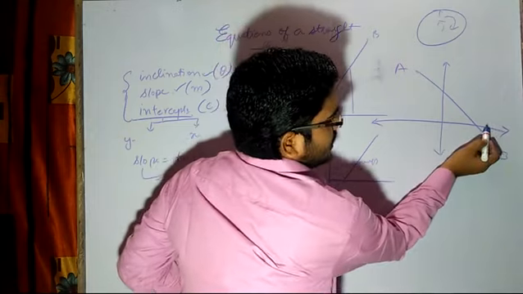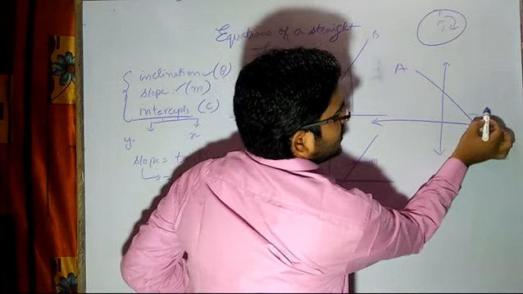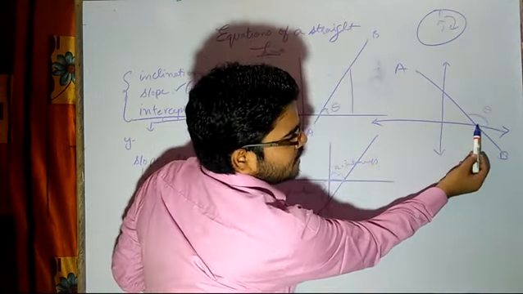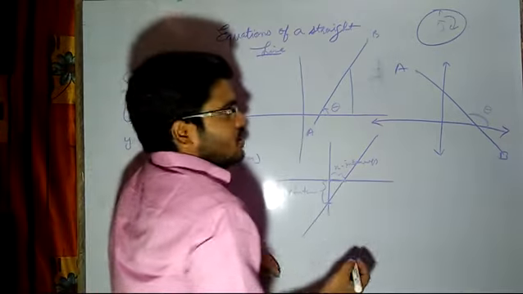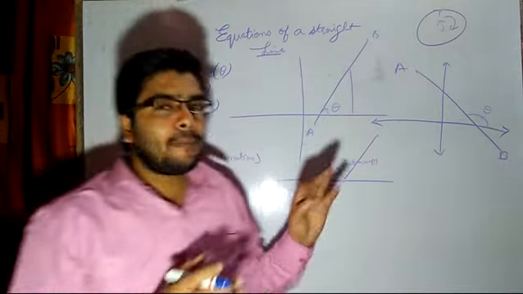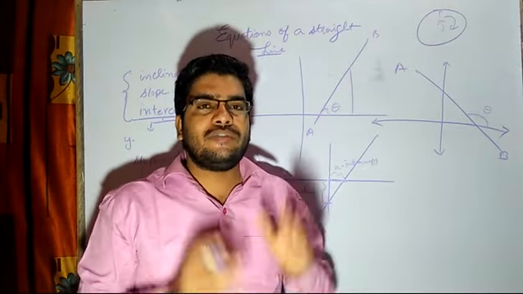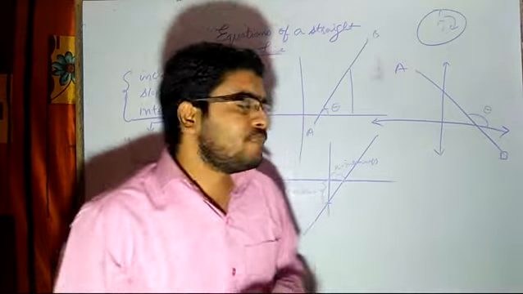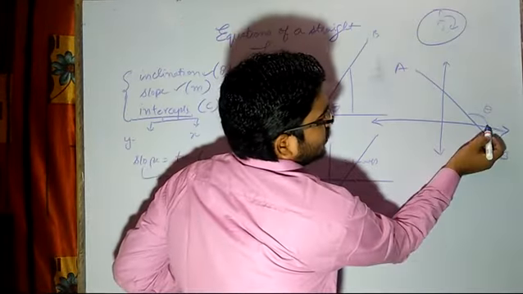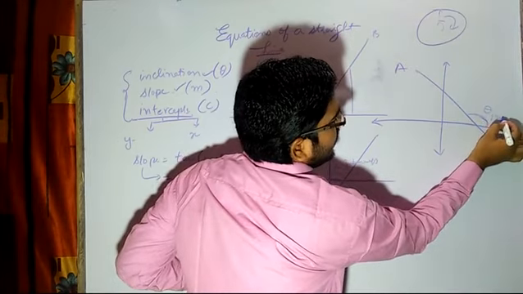So this will be called the inclination, theta. Obviously this angle can be more than 90 degrees. We have only read from 0 to 90 in the table up till now. If it is in this direction, suppose it is 120 degrees.